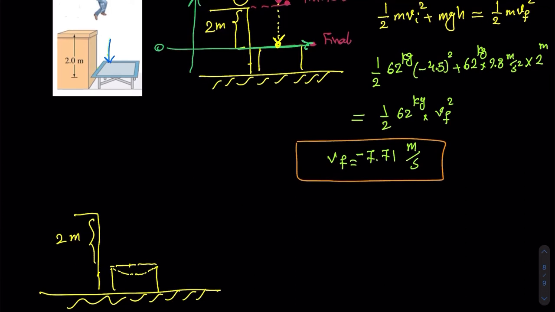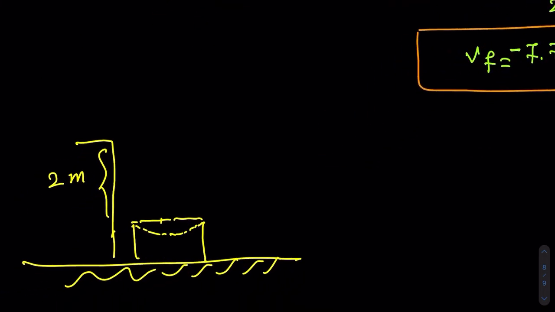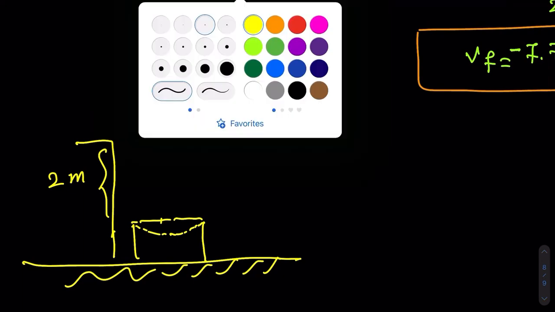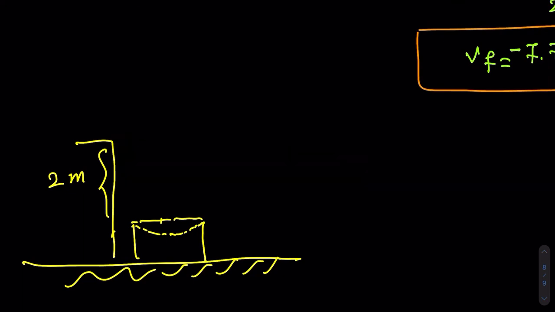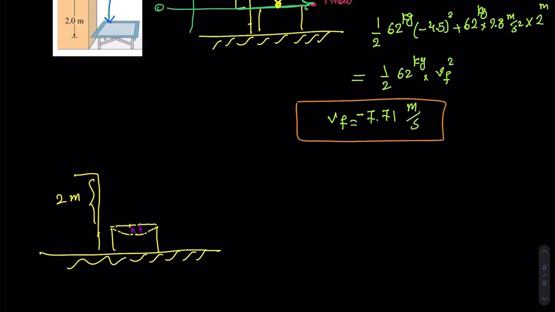Now here we want to calculate how much this is compressed. So let's call this compressed part h: the distance from the surface of the trampoline to where it is actually compressed. So we call it h.